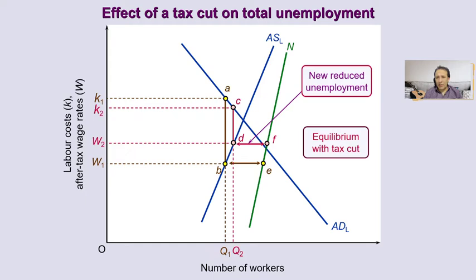If you have a tax cut, people will want more, and as a result of that, businesses are going to pay less for labor costs. They will be able to unleash more of the potential of the markets, and we will have a new reduced unemployment as in here.